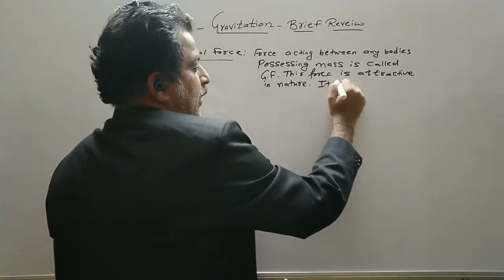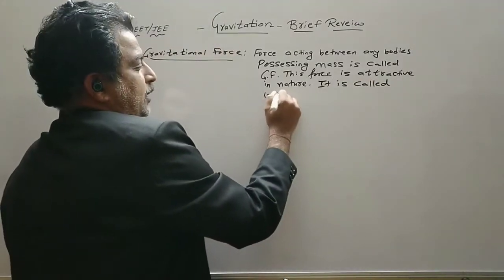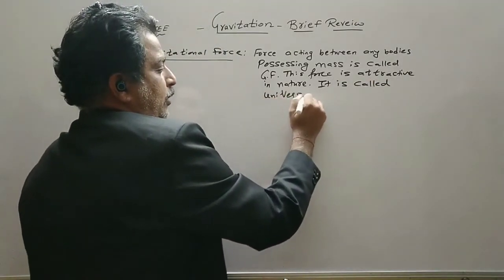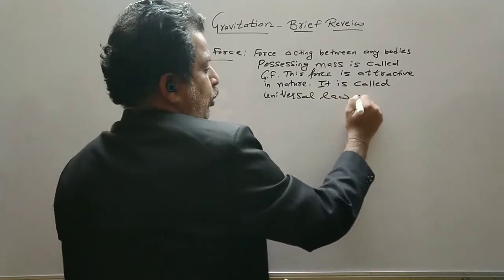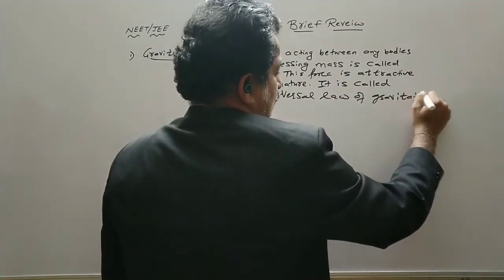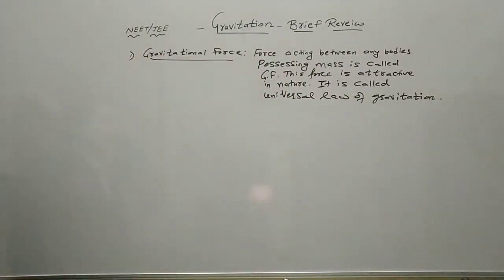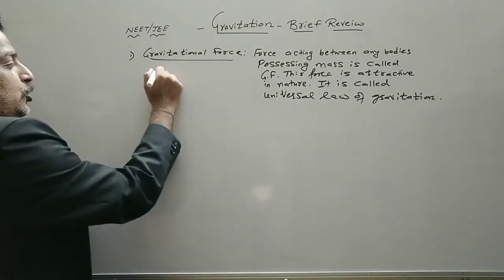Also, it is called universal law of gravitation. So whether the bodies are small or large, as long as they possess mass, there is an attractive force between these two bodies.